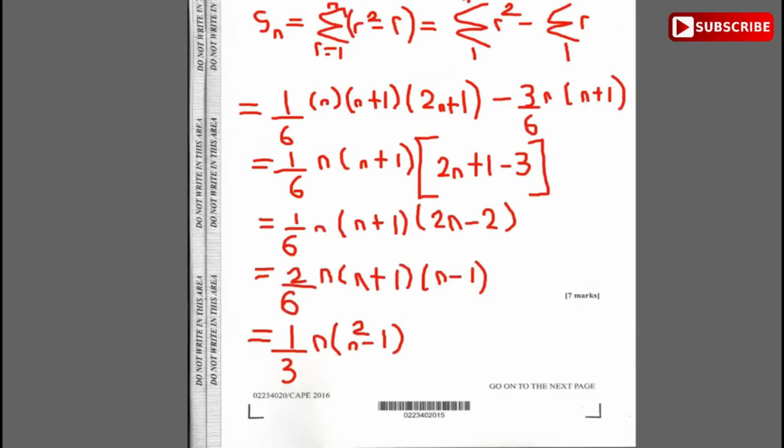So it's going to be 1 over 3n. In this case, n is 20. So it's 1 over 3 times 20 times n squared minus 1. That's the formula, n squared minus 1.